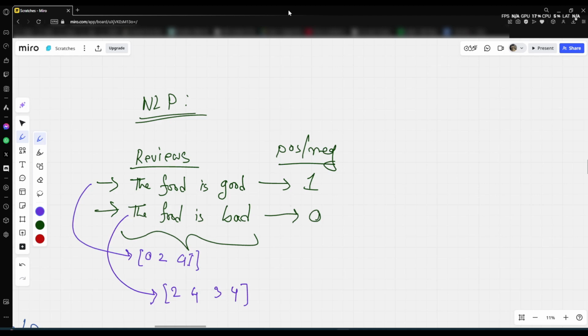After combining all these reviews, our collection will look like a matrix. This is literally a matrix: 0 2 4 1, then 2 4 3 4, which is 1.